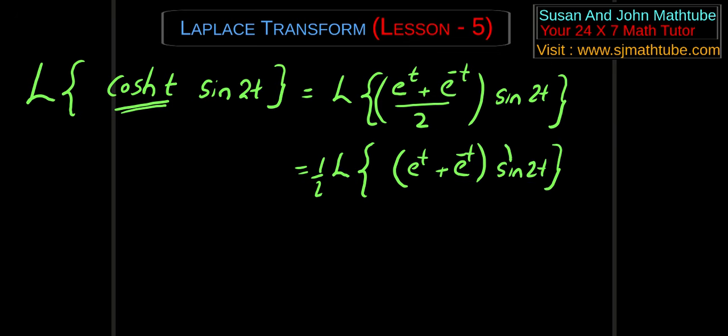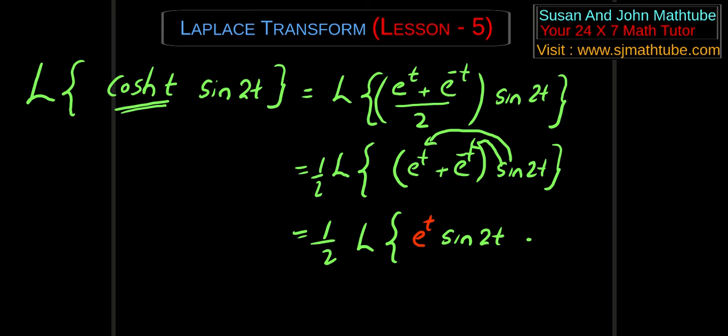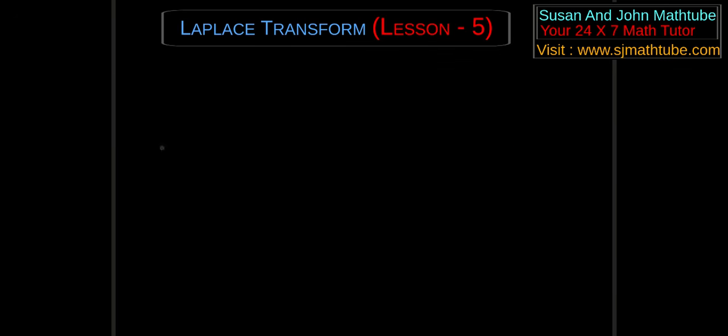Now let's open the bracket and distribute this. So we get 1 by 2 Laplace of, I'll give some coloring for you, e power t sine 2t plus e power minus t sine 2t. I think from that coloring itself you understood what I'm going to do in the next page.